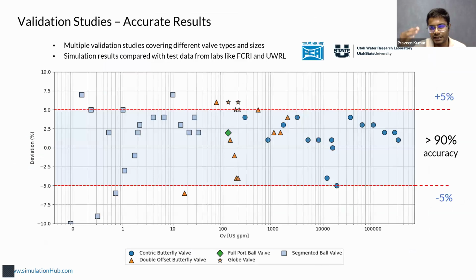When I say 90%, it's plus or minus 5%. That's the range. And on top of these already done studies, if you have any of your cases or lab tested data, we are open to conduct a validation study to start with, to gain your trust, and then we can proceed with the subscription.